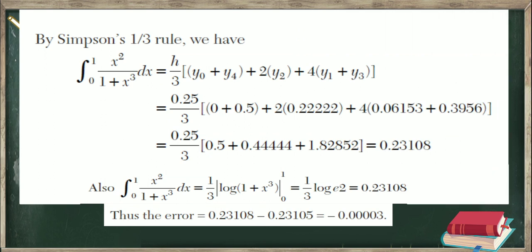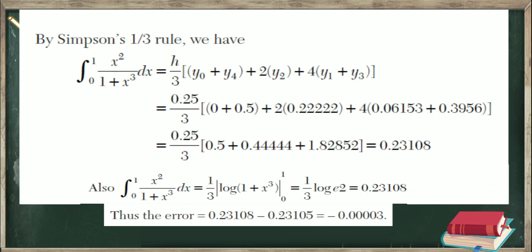We use Simpson's 1/3 rule. So integration 0 to 1 x square upon 1 plus x cube dx is equal to h by 3 [sum of first and last ordinate, that means y0 plus y4, plus 2 times sum of even ordinate, that is y2, plus 4 into sum of odd ordinates, that is y1 plus y3].